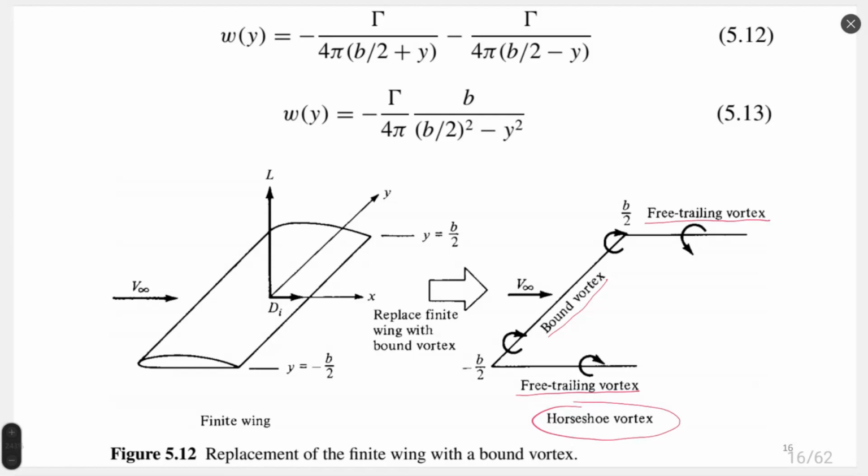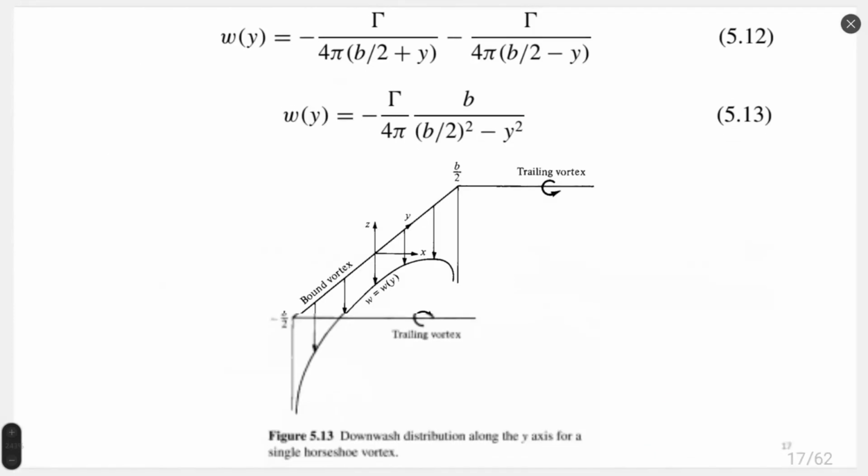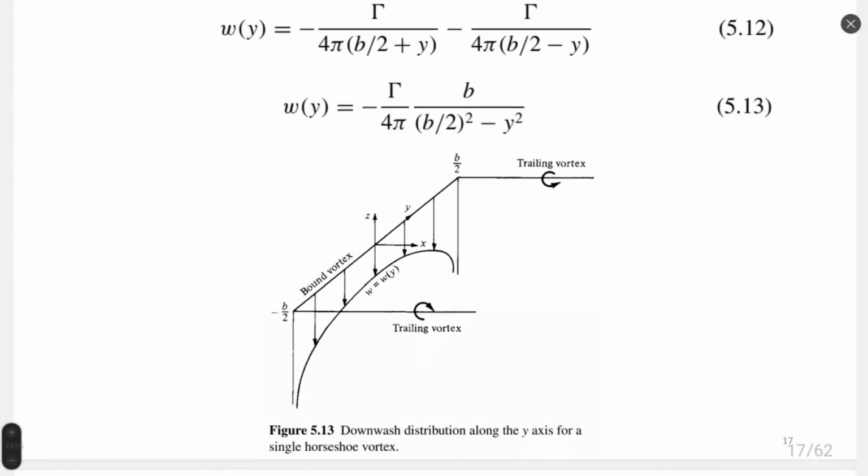This representation of downwash velocity is good, but not perfect. It was the first attempt to calculate the wing analytically. Let's see again the function presented on the previous slide, equations 12 and 13, and the graphical representation of this downwash velocity.